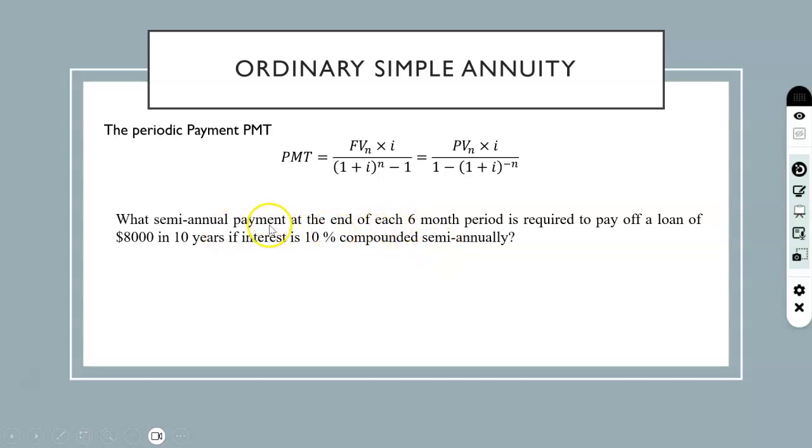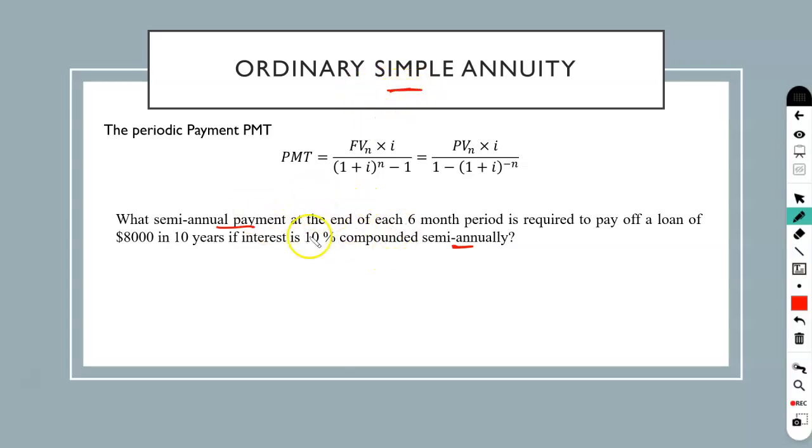Here the payment is done every 6 months, and the interest is also compounded semi-annually. So it is an ordinary simple annuity.